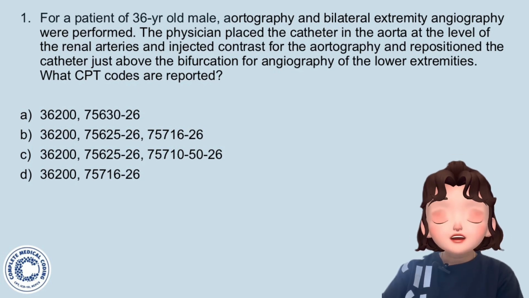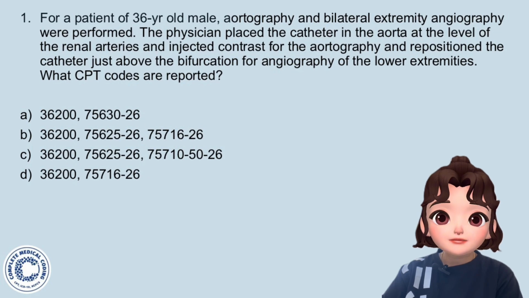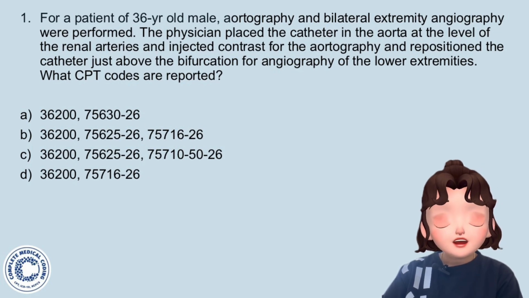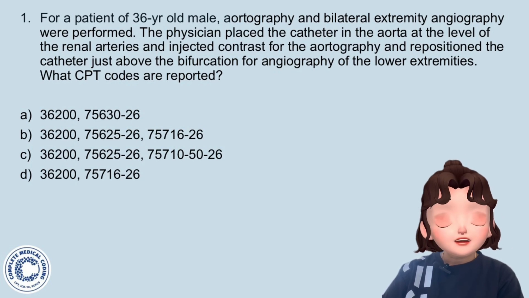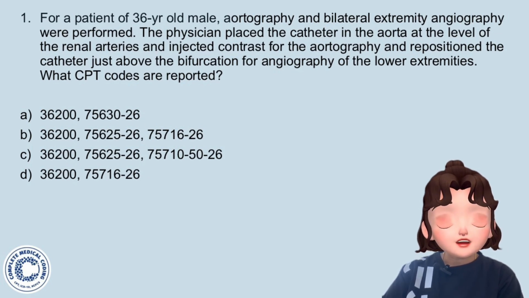Okay. What is the next CPT code? In the first option, the next CPT code is 75630. What is the description? Aortography abdominal plus bilateral iliofemoral lower extremity, catheter, by serialography, radiological supervision and interpretation.